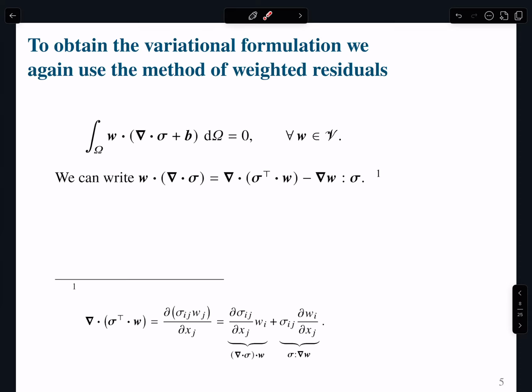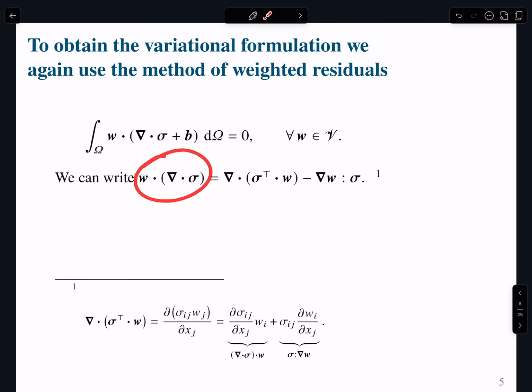So just a very quick consistency check. When you see something like this, let's say I have the stress tensor. The stress tensor is a second order rank tensor. When I take the divergence of that, I get a first order tensor, so I get a vector, and then when I do the dot product with another vector, I get a scalar.